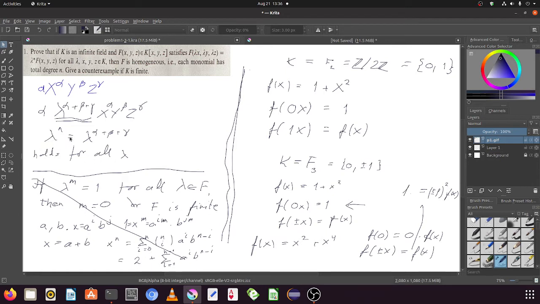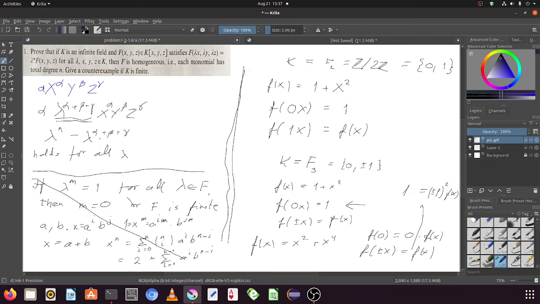And that means that if we subtract, that is a polynomial, and it vanishes for an infinite number of elements of the field, thus the coefficients of all the terms vanish.